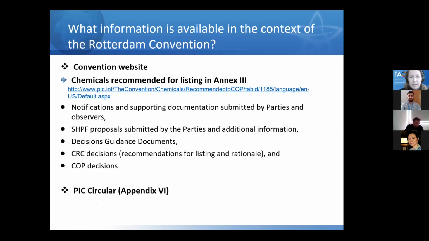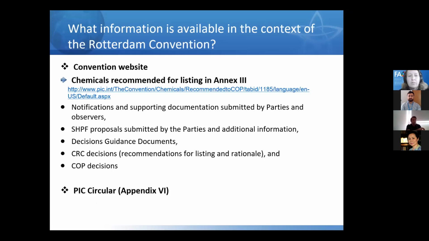On the chemicals website, we have a dedicated web page called Chemicals Recommended for Listing in Annex 3, and this is the link. On this web page, you find different kinds of background information, including what we already discussed, the COP decisions and the background information the COP decision was based on.